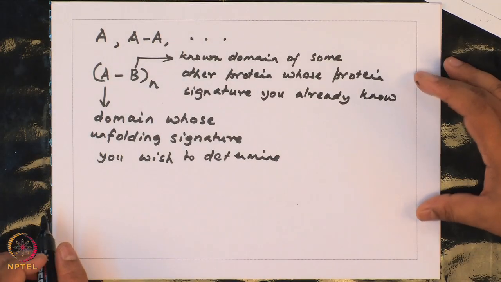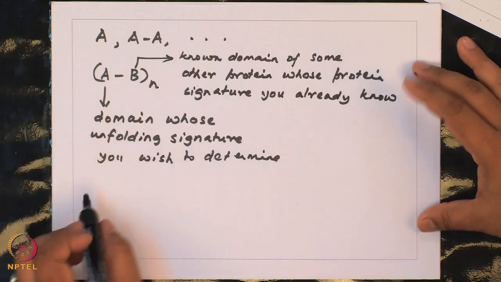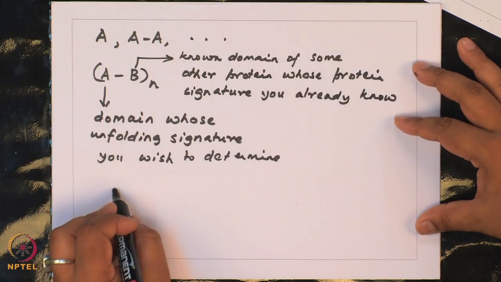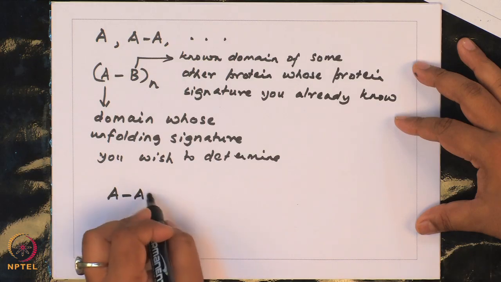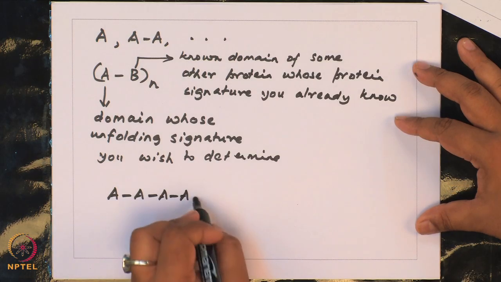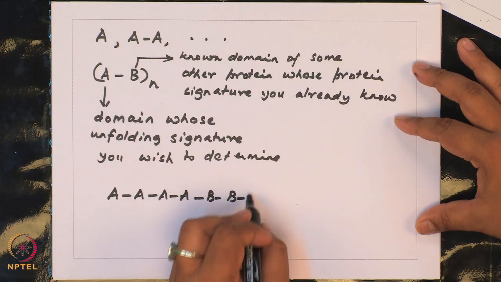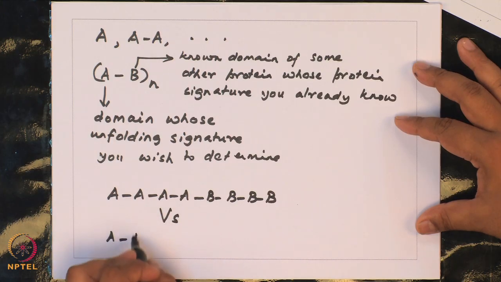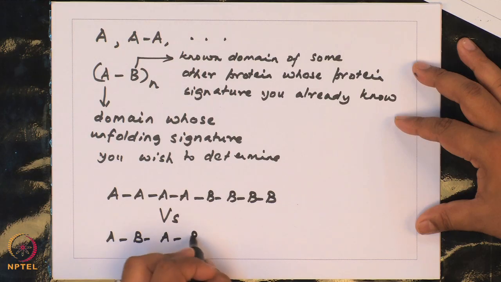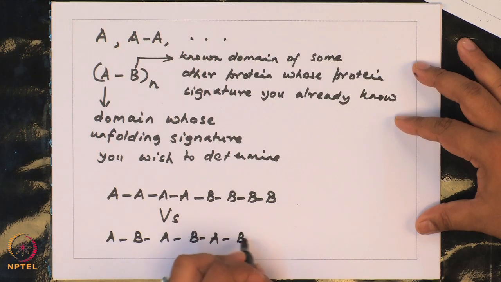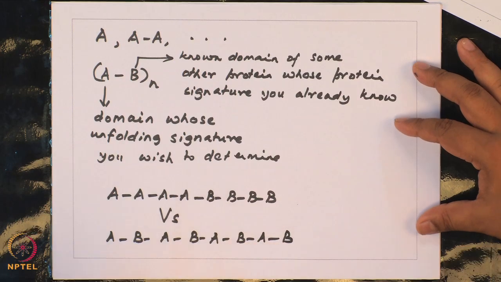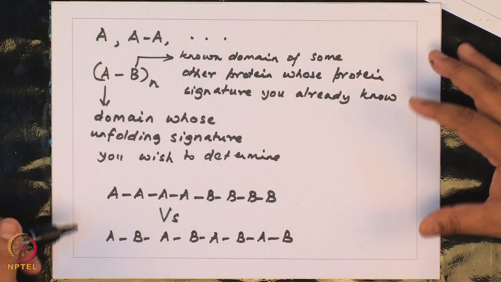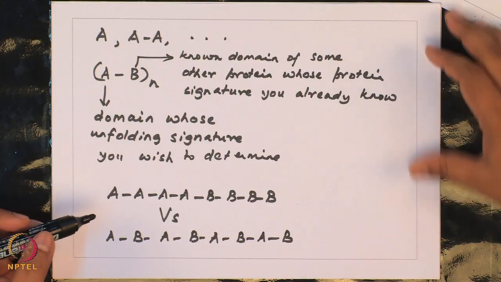When you design or engineer your protein, should you have a protein construct which has this structure, versus this one? Between these two protein constructs, which one would you prefer?